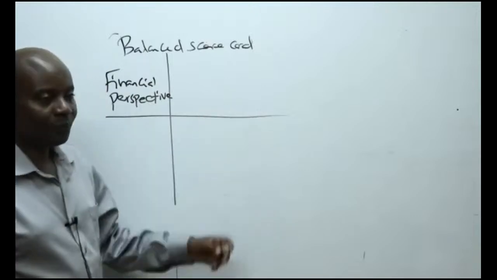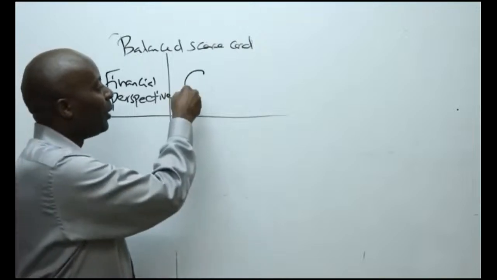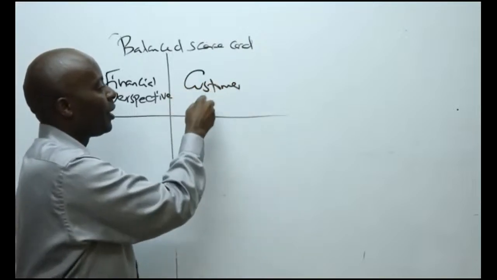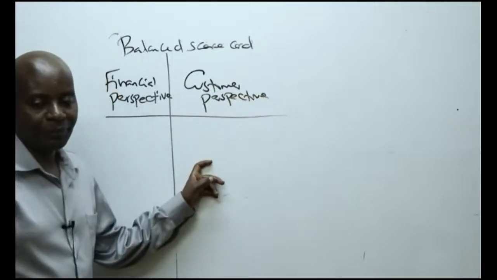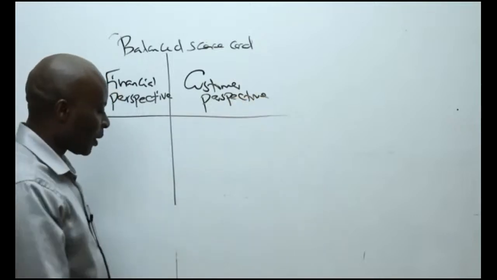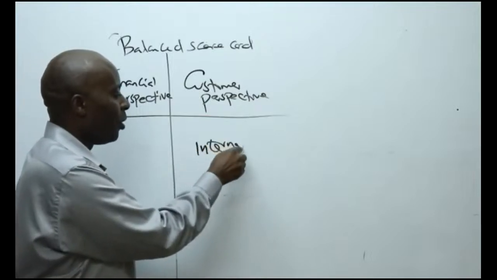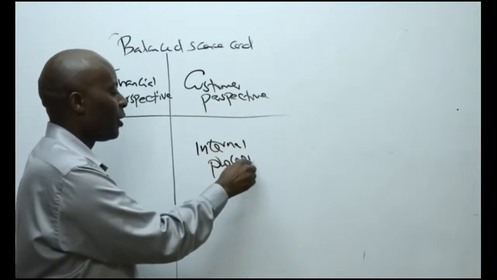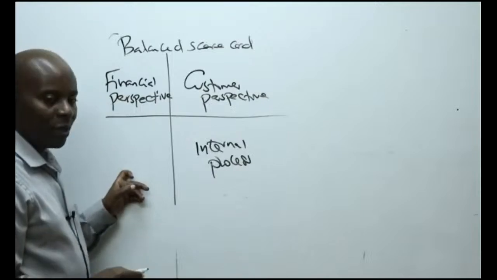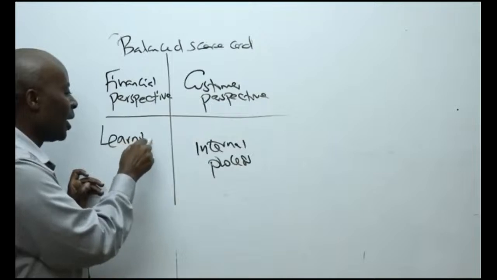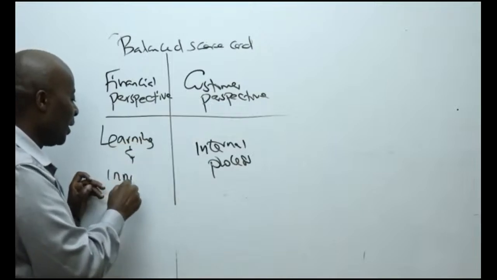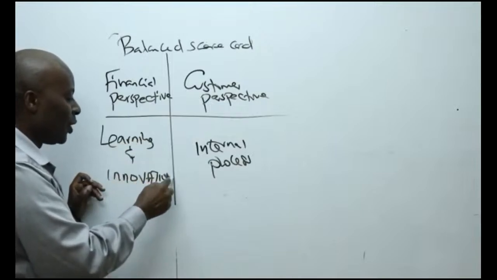Number 2, the customer perspective. Number 3, the internal processes perspective. And then number 4, learning and innovation.